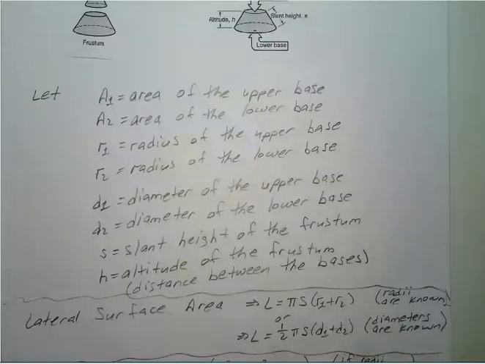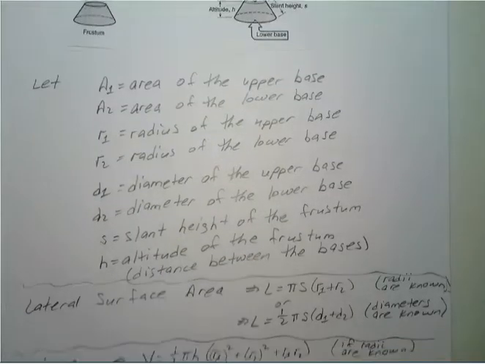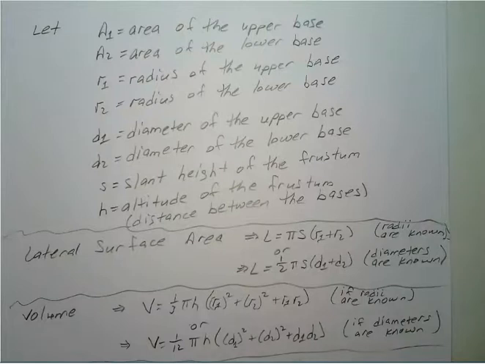Okay, or if you know the diameters, it's 1/2 times pi times the slant height times the upper diameter plus the lower diameter.